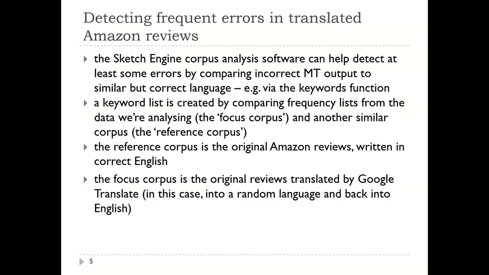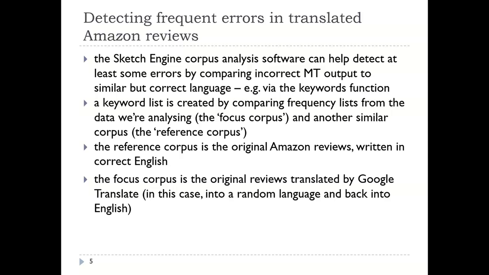In this case, this is the translated texts. And then the reference corpus, which is going to form the point of comparison, and that is the set of original reviews. Now, in this case, the collection of reviews that I'm using does in fact only exist in the original.